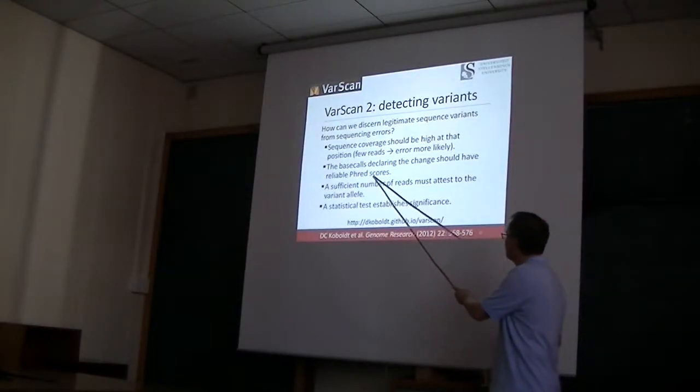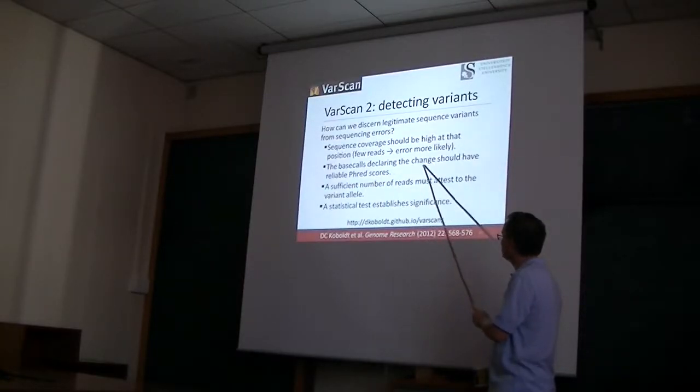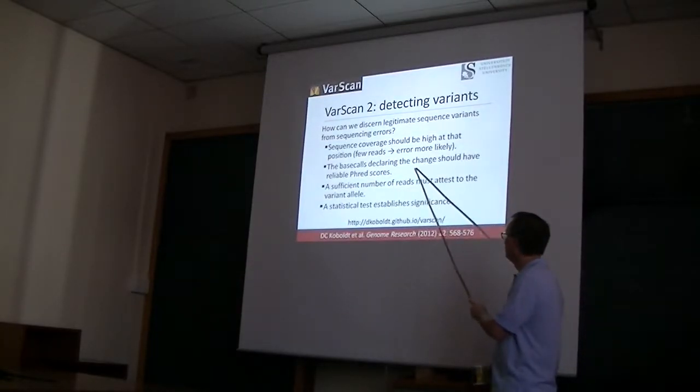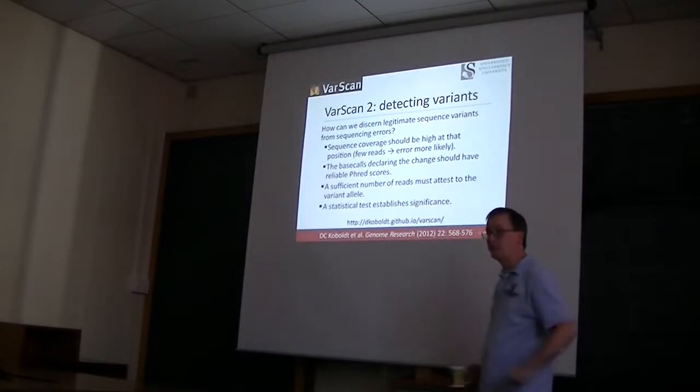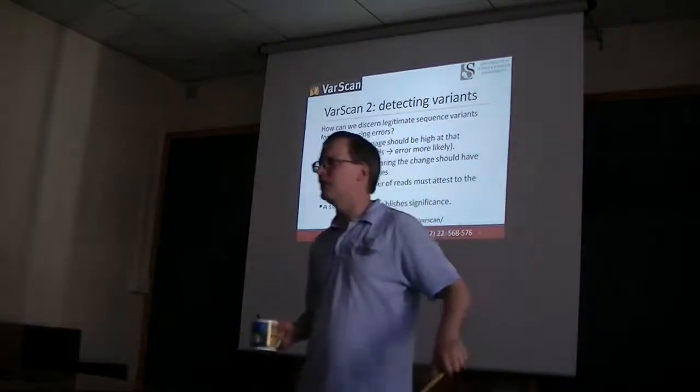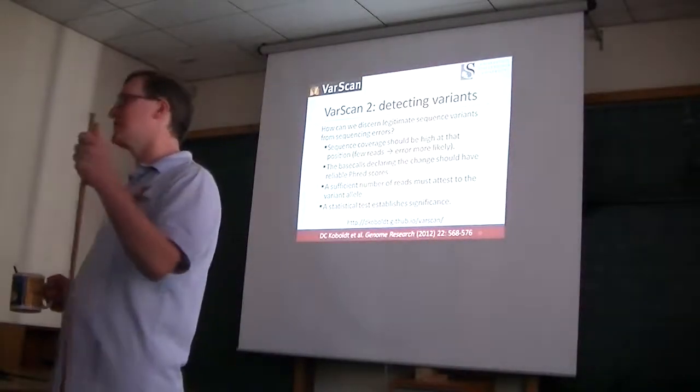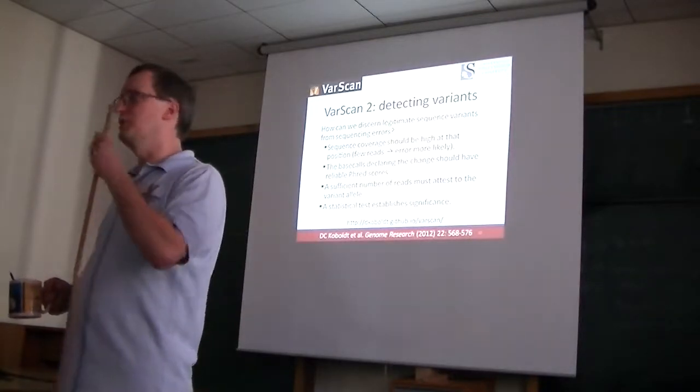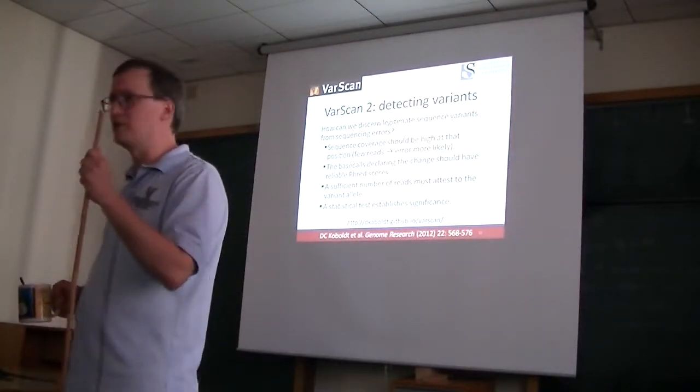Next up, the base calls that declare a change at this position in the genome should have reliable Phred scores. Well, that makes sense. We went to all this trouble back there doing Fourier Transform and all this other nonsense to determine the probability of error at individual base calls.